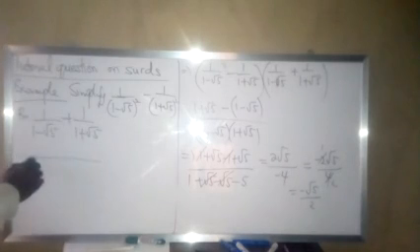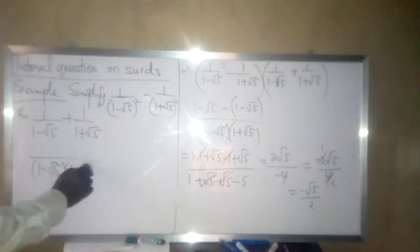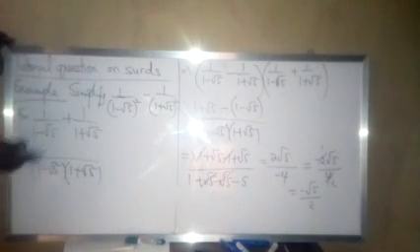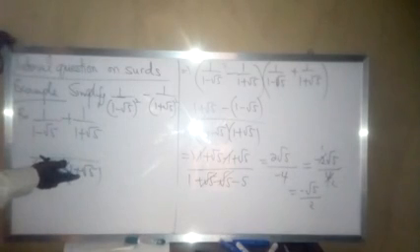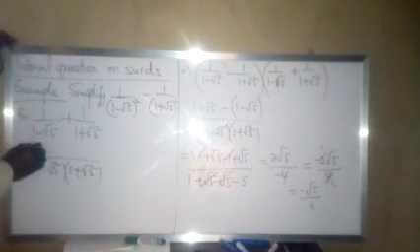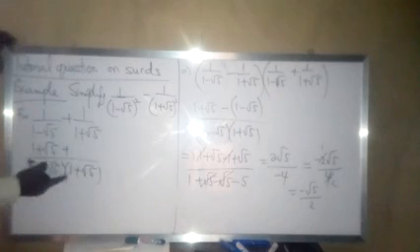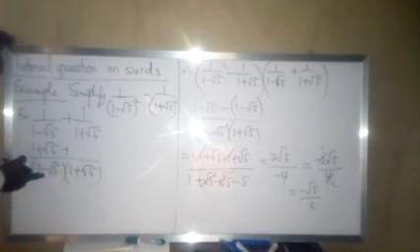The LCM is 1 minus root 5 multiplied by 1 plus root 5. So 1 minus root 5, cancelling this, this one in this is 1, meaning 1 plus root 5 times 1. Plus 1 plus root 5, cancelling 1 plus root 5, you have 1 minus root 5 left, multiplied by 1, you have 1 minus root 5.